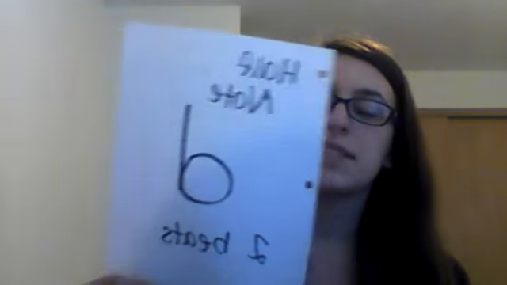So instead of tapping every beat like the quarter note, you would do every other beat. So it would sound like this. 1, 2, 1, 2. Or 1, 2, 3, 4. You'd hit it on every odd number.